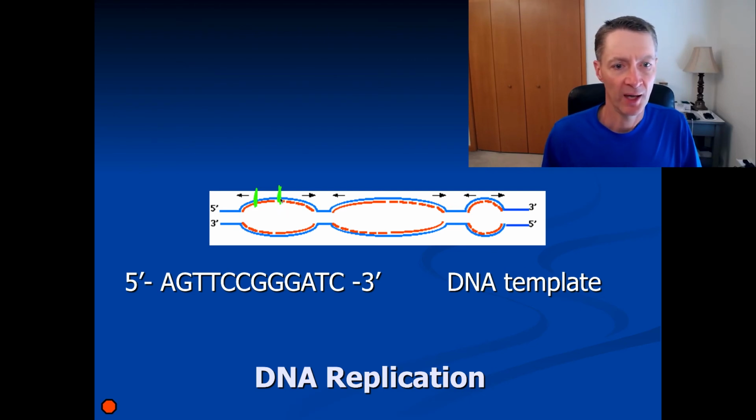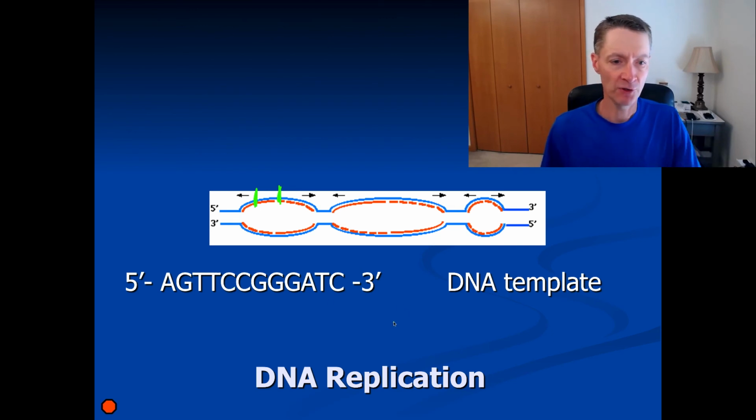And I'm going to ask you, from that blue strand there, how would we add nucleotides, and what would be the sequence? During DNA replication, what would we get from this parent strand, in other words?